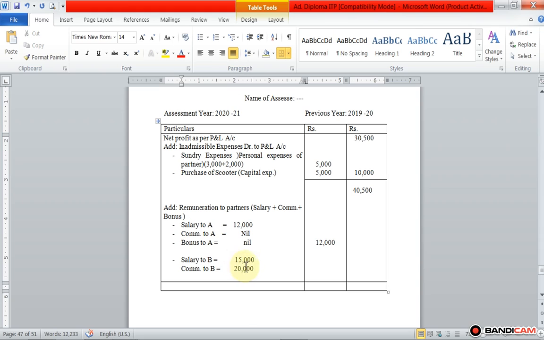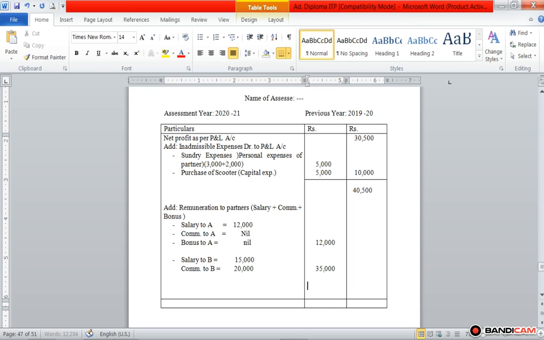Okay, in 15,000. So here the total remuneration of B is equal to 35,000. Add this 35,000 in 40,500.